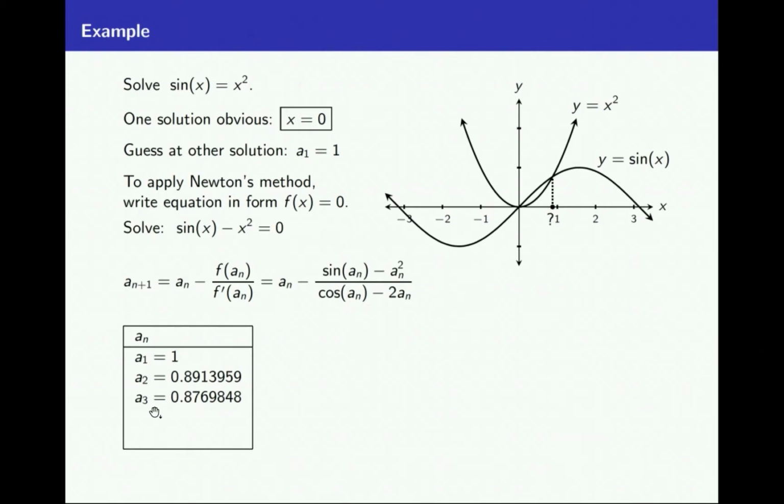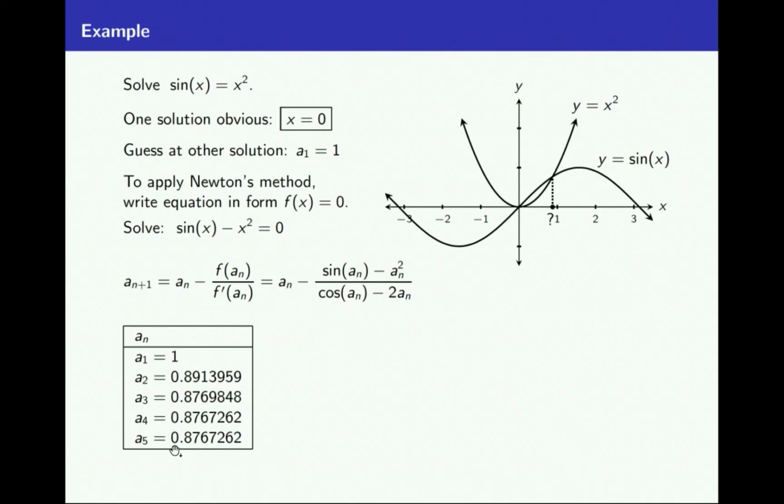Next, do a sub 4. Take this a sub 3, plug it in for the a sub n's, and you'll get a sub 3 plus 1, or a sub 4. You'll find that a sub 4 is this. And iterate again. Take this a sub 4, plug it in for the a sub n's here, and you'll get a sub 4 plus 1, or a sub 5.